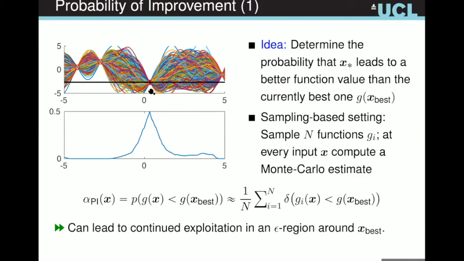have our best value. So there's potentially a bit of a problem with this, and you can see this here. If we draw the probability of getting a better function value, then we would get this function here. This is the probability of improvement acquisition function. And we will see that the peak of this is actually very close to the x best value.